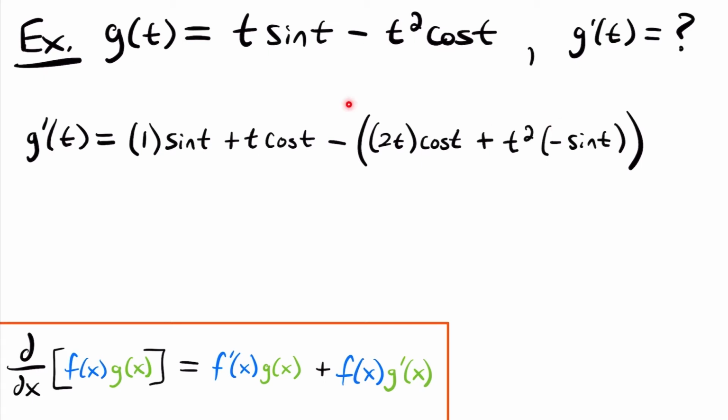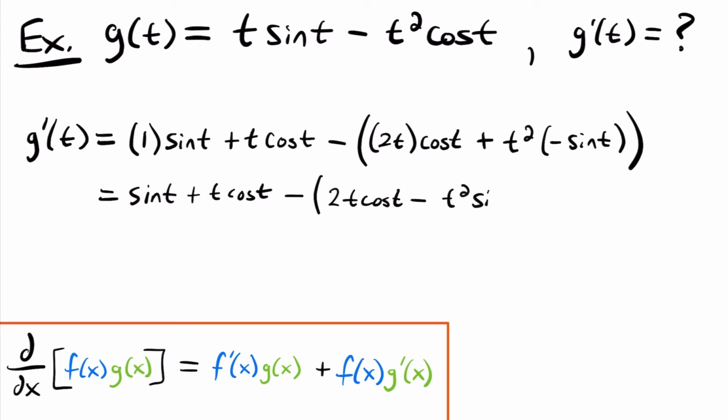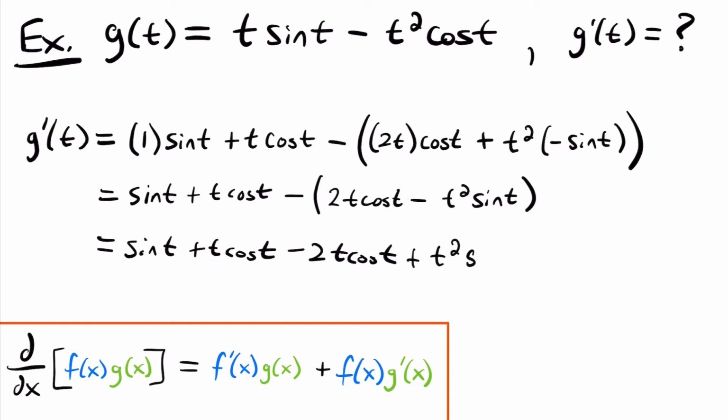So now we can go through and simplify this a little bit to get a bit of a nicer answer. So we'll have that this is equal to sine t plus t times cosine t minus the quantity 2t cosine t, and then we'll bring this negative out to the front. So we will have minus t squared sine t. And then we can distribute this negative into each term of this quantity, and we'll have that this is equal to sine t plus t times cosine t minus 2t cosine t plus, because these two negatives will become positive, t squared sine t.